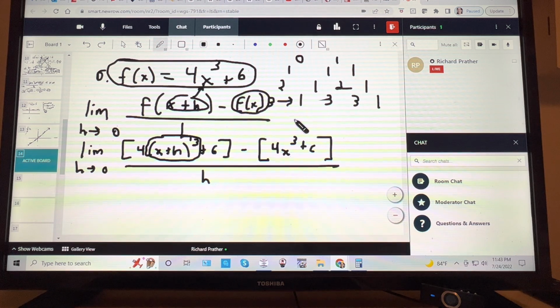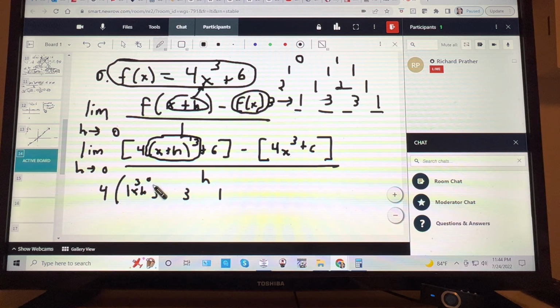So x plus h cubed is going to have 4 terms. These are the coefficients, 1, 3, 3, 1. And then you take the x, and it gets the third power. The h gets a 0 power.